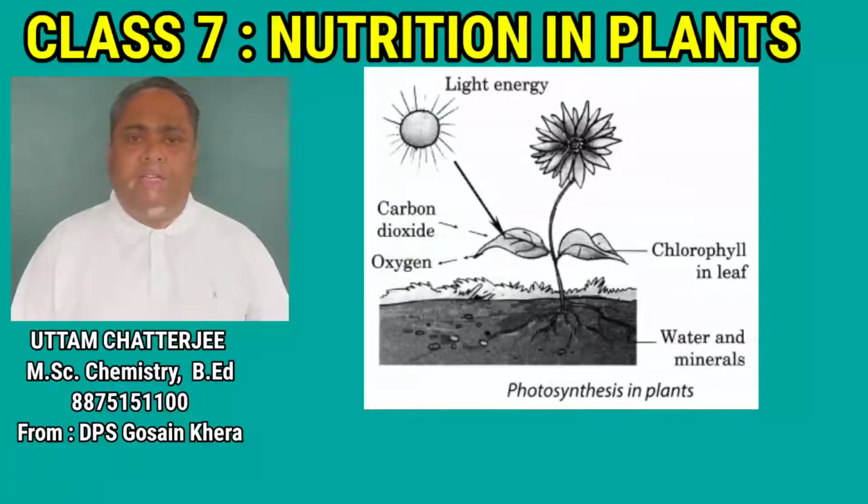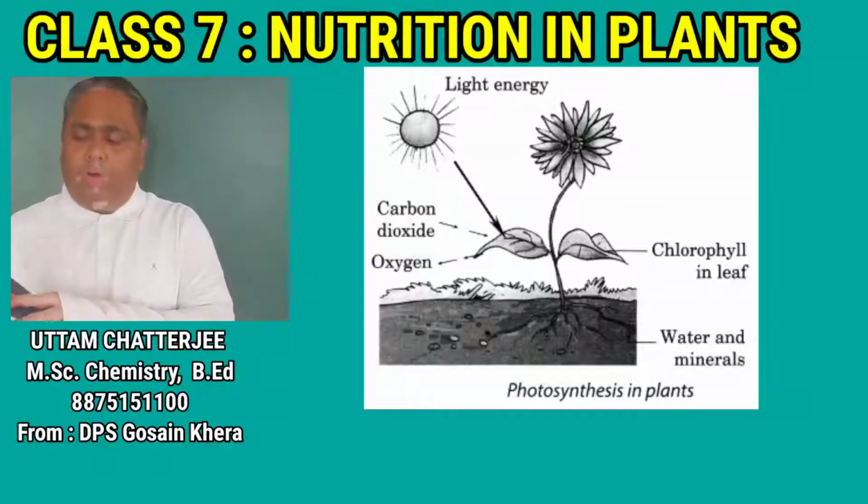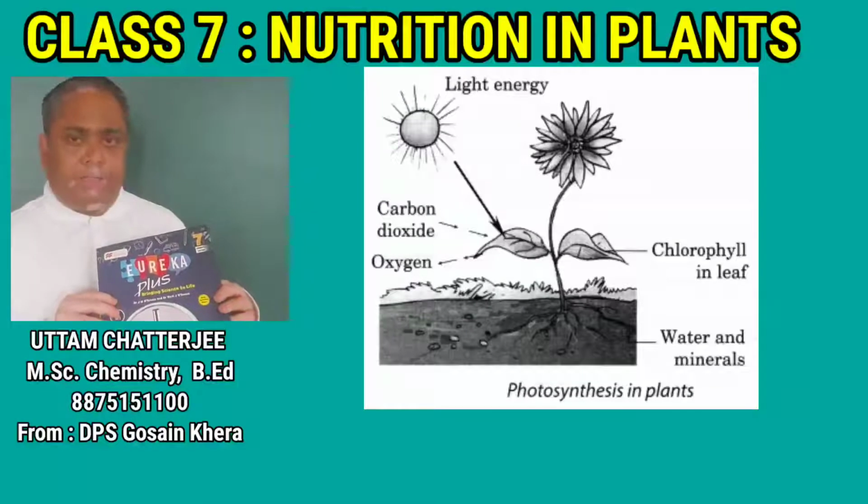After having discussed this topic, you should be able to define what is an autotroph, what is a heterotroph with example, and what is photosynthesis. To define these three terms, I suggest you go through page number 1 and 2 of your Macmillan Publications book named Eureka Plus.